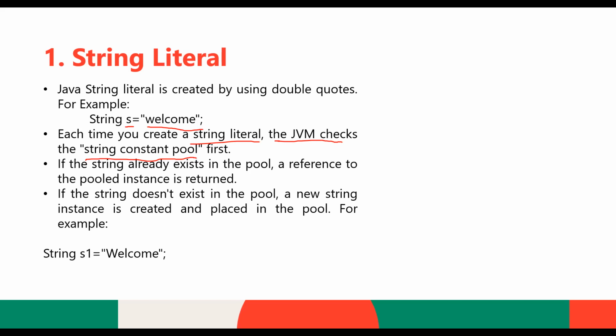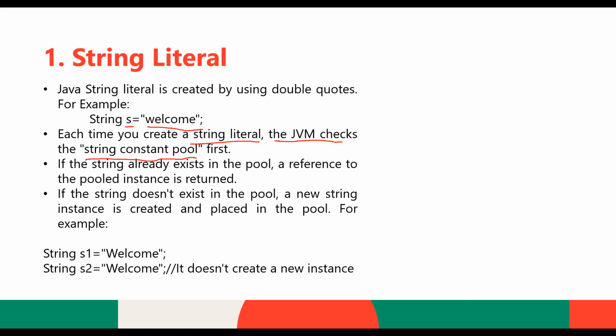Okay, so it will create a new object which is s1. Furthermore, in the next line, we are assigning string s2 is equal to welcome. Again, the JVM goes to the string constant pool and checks whether the string is available. Yes, welcome is already there.